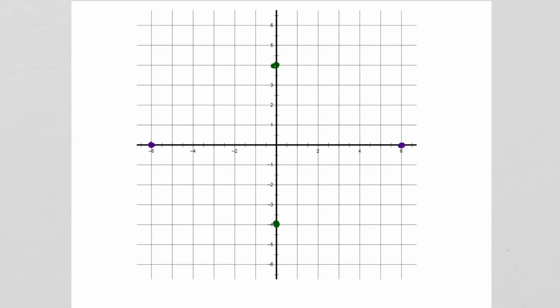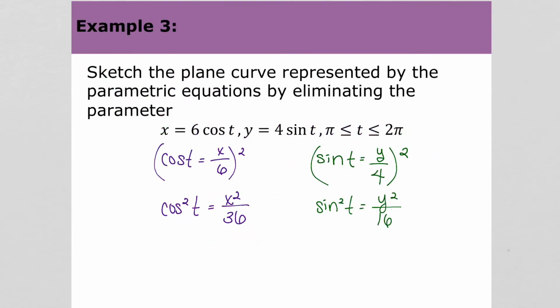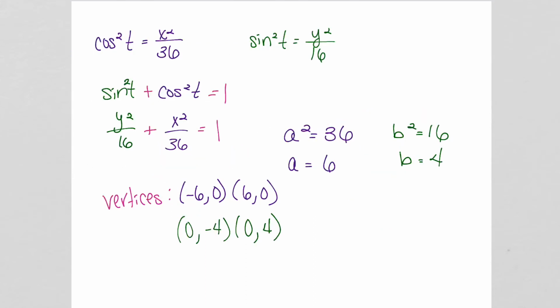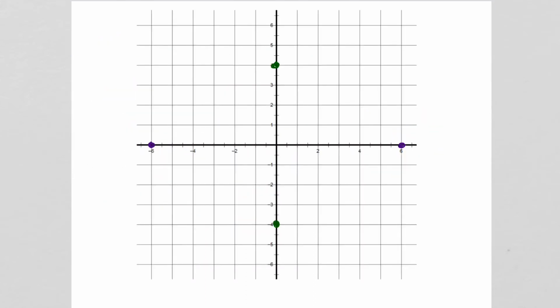We can graph that, but let's talk about it for just a second here. Back in the problem, it said we want this ellipse defined between pi and 2 pi. So if we look at our graph and pretend that this is a polar graph for a minute, where would pi to 2 pi be? Pi starts here and goes around to there.